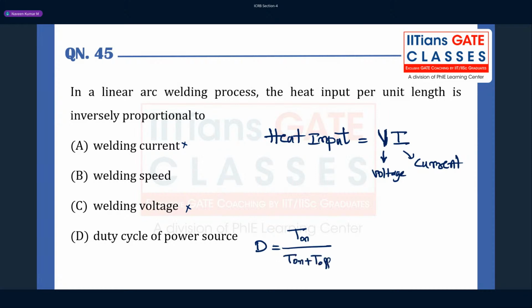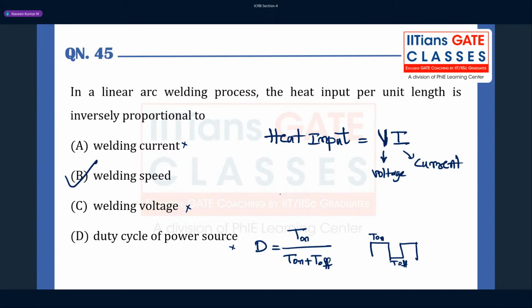What is this time? The time of which the welding is on, and after some time it will be off. It's a pulsed on and off. This T on, this is T off. For some time it is off. It is no way related with the heat input, and we cannot say whether it is inversely proportional or not. So obviously this is not right. The only answer is welding speed, and yes, it is true.